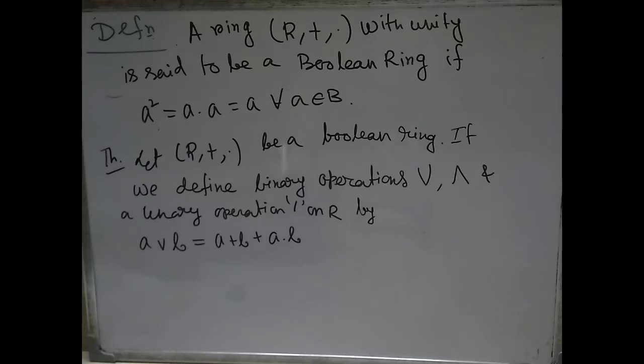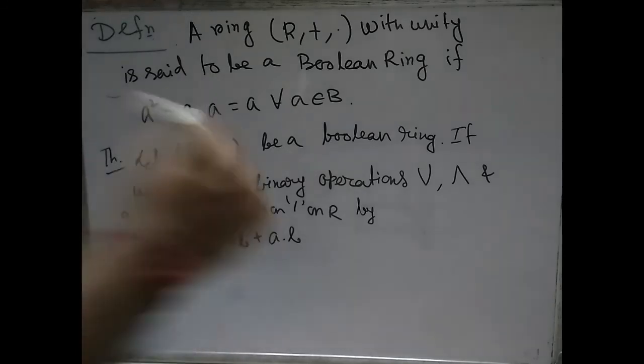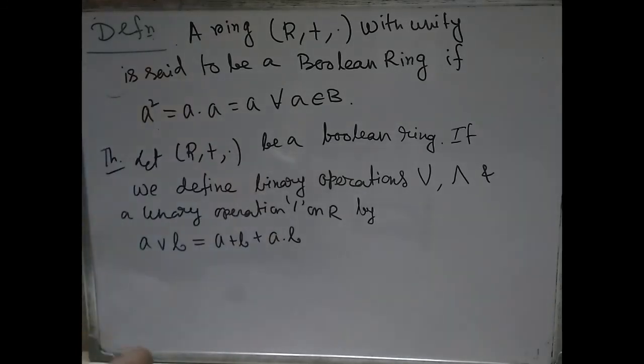Observe carefully that we are making new binary operations with the help of the old plus and dot, the old binary operations. So a join b is defined by a plus b plus a dot b. These plus and dots are plus and dots of our Boolean ring.